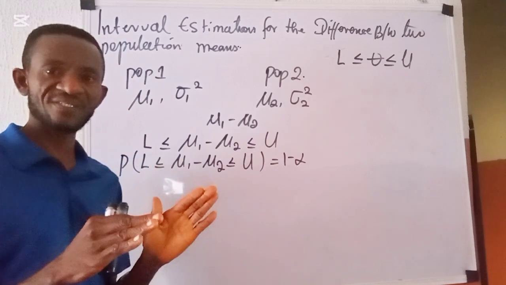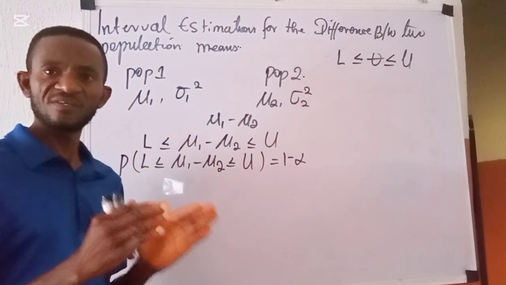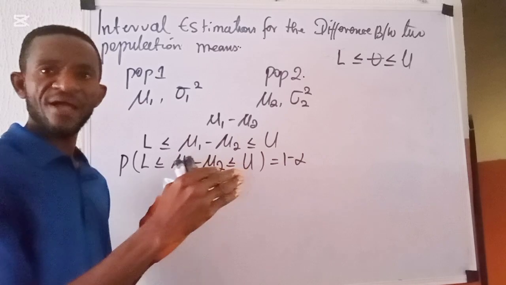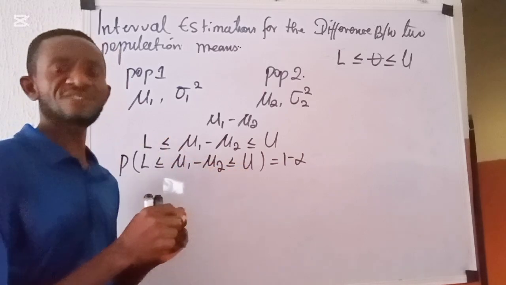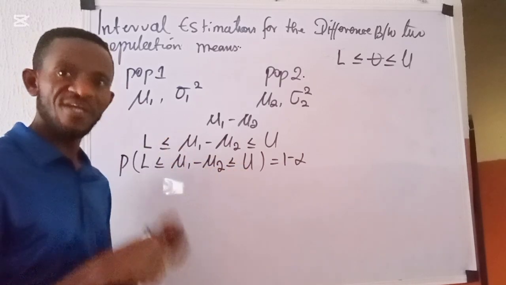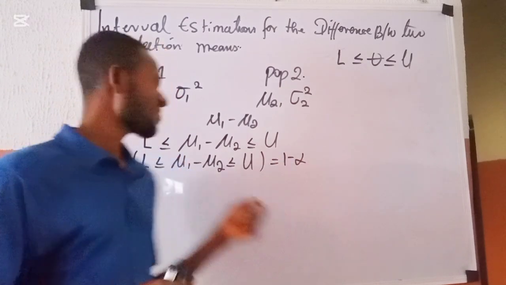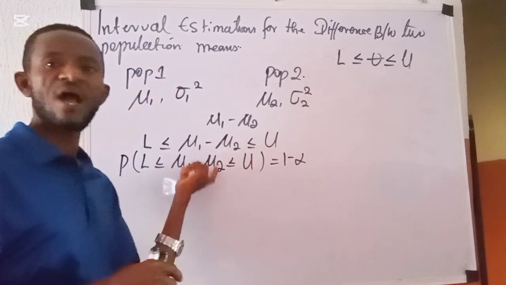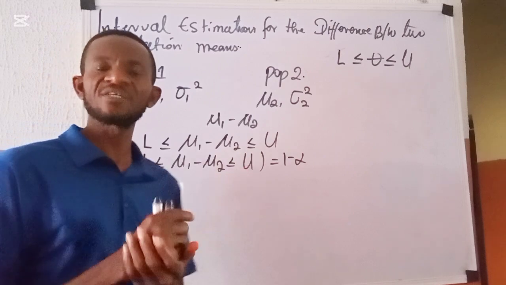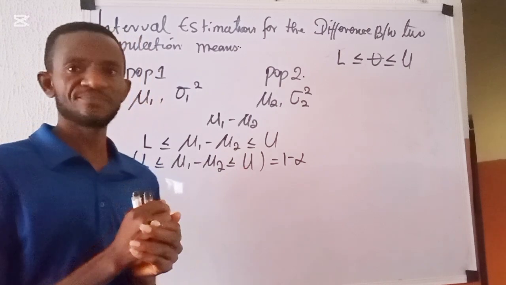That is our interest. Estimating the lower and the upper confidence limits in such a way that we are 1 minus alpha confident that they are going to contain our unknown difference in the two population means.